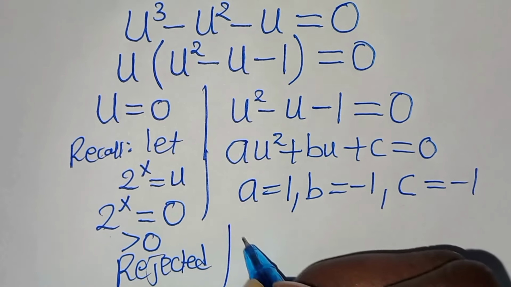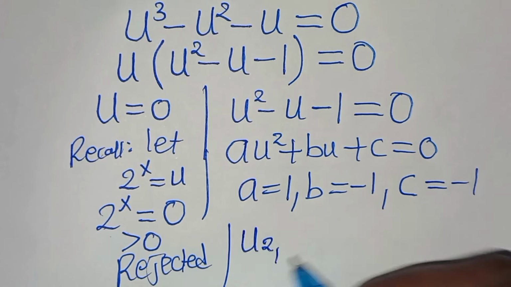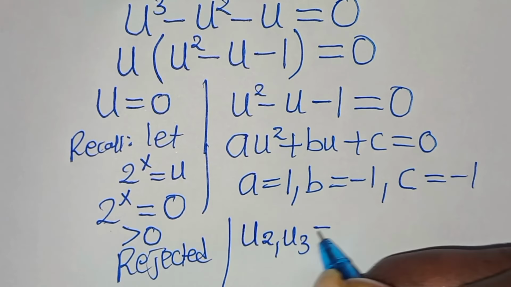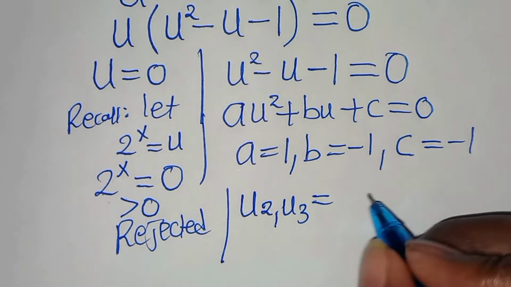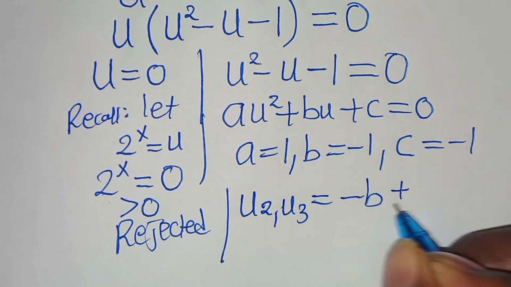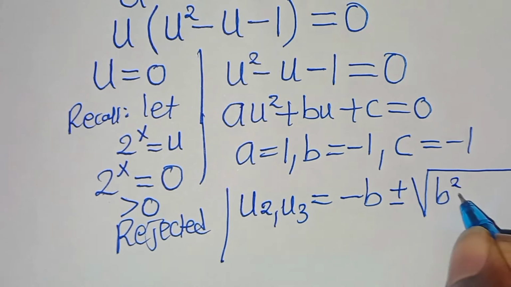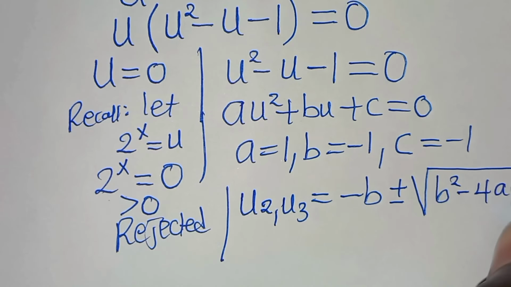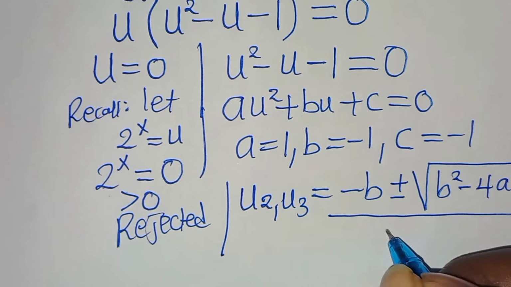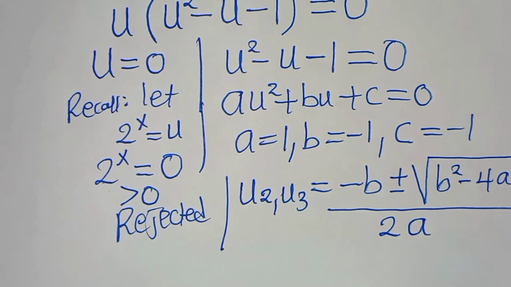So we can solve for u by applying the quadratic formula, that is minus b plus or minus the square root of b squared minus 4ac, everything here divided by 2 times a.